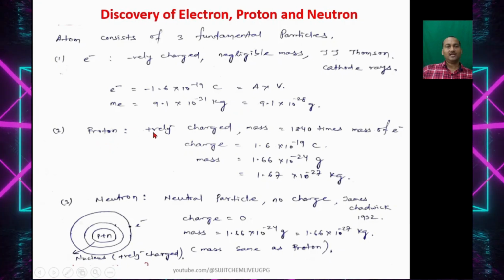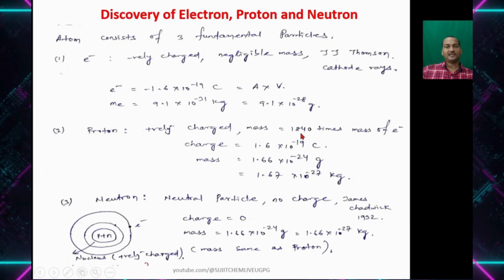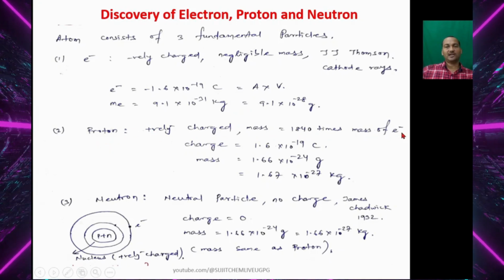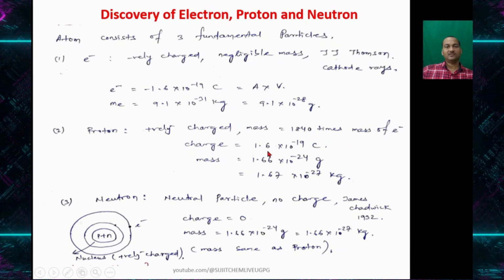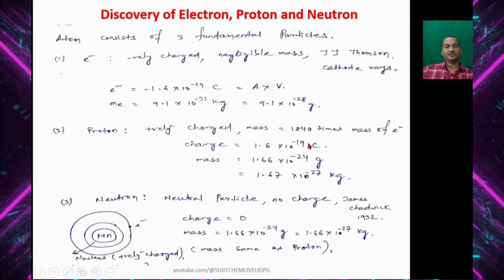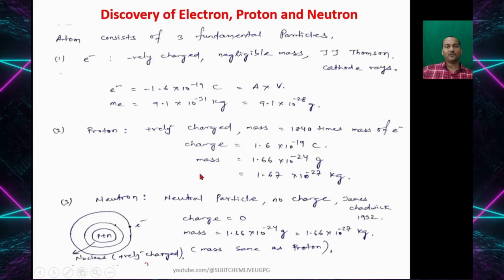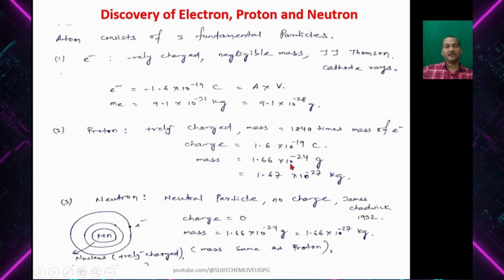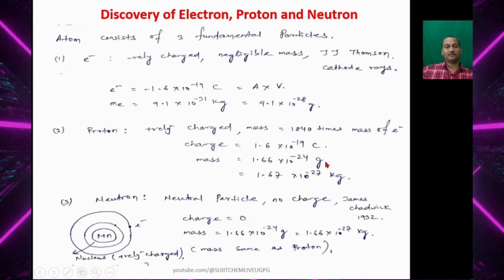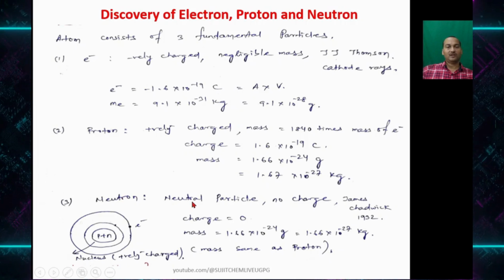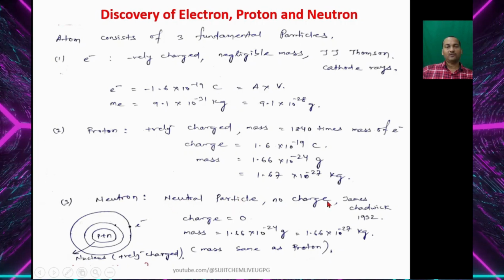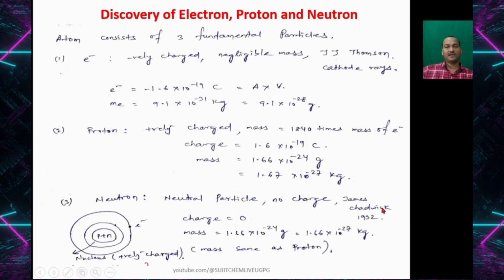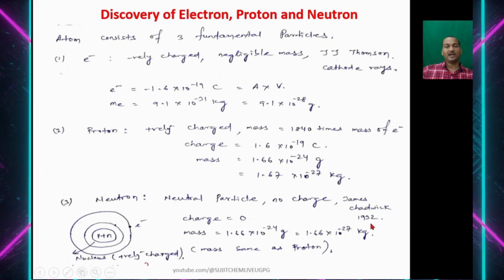Similarly, the proton is positively charged and its mass is 1840 times the mass of the electron. The charge is equal to 1.6 into 10 to the minus 19 coulomb, and the mass of the proton is 1.66 into 10 to the minus 24 gram. Similarly, the neutron is a neutral particle with no charge, and it was discovered by James Chadwick in 1932.